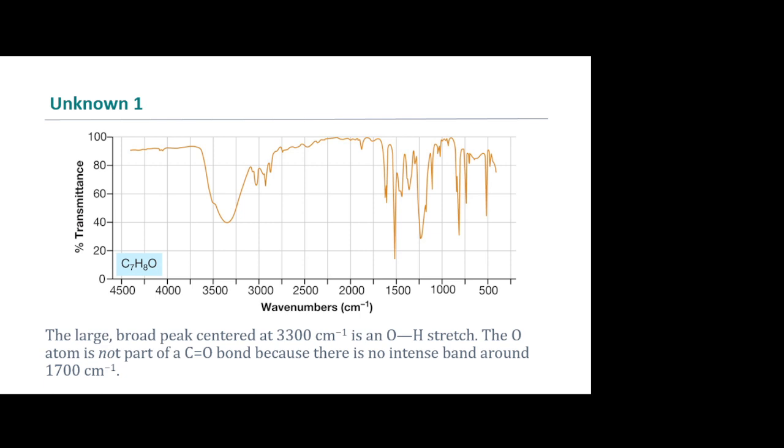So what sort of structure is this going to look like? So we probably have, what would the main portion look like? Is it a straight chain or a ring?